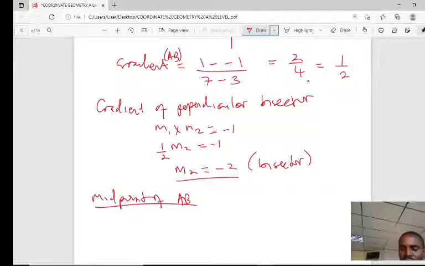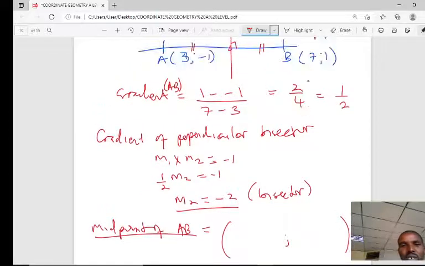Let me write it. It's x2 plus x1, so 7 plus 3 over 2. Then y2, which is 1, plus y1, which is -1, over 2.